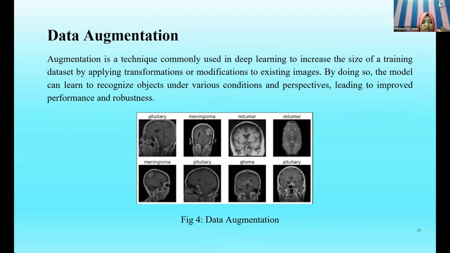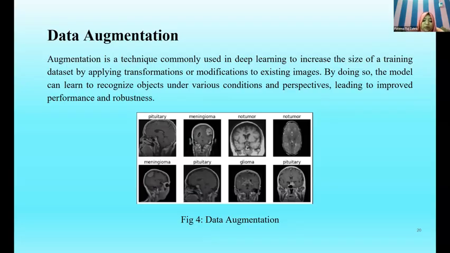Data augmentation. Then we use data augmentation since deep learning models often require large datasets. We used data augmentation to artificially expand the data size. Transformations such as rotation, flip, zoom, and brightness adjustment were applied.